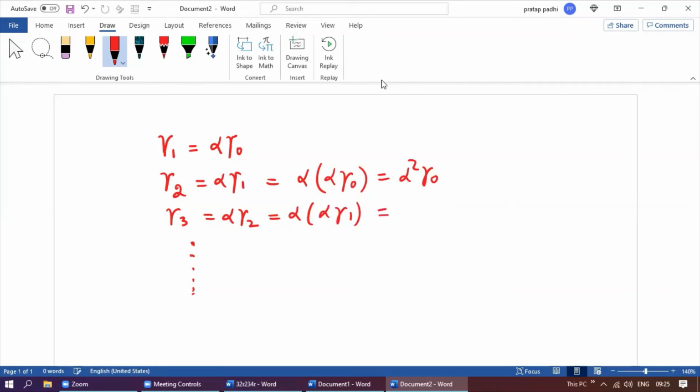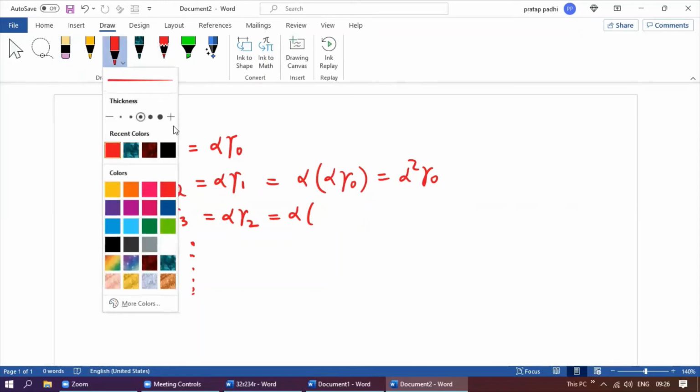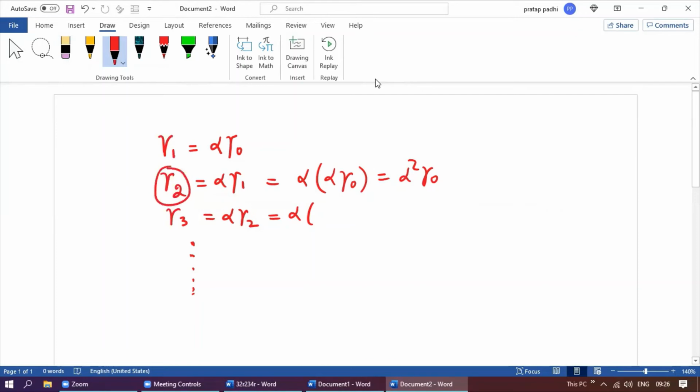That will be alpha square gamma 1, and in gamma 1 again you can write gamma naught, or in gamma 2 only we will write this. Already we got alpha square gamma naught, that will be alpha power 3 gamma naught. This one also you see.